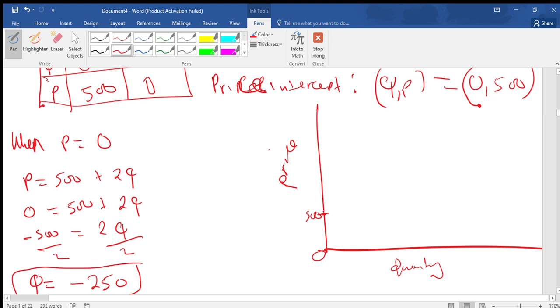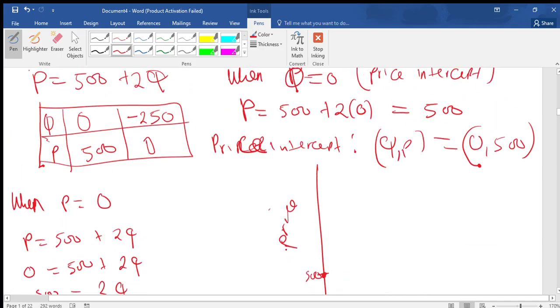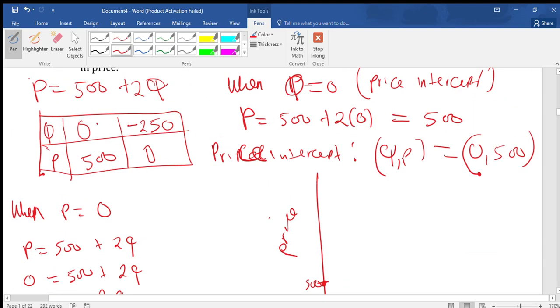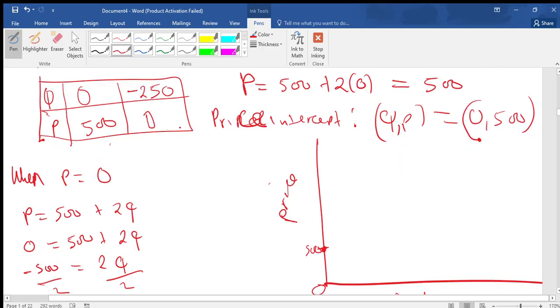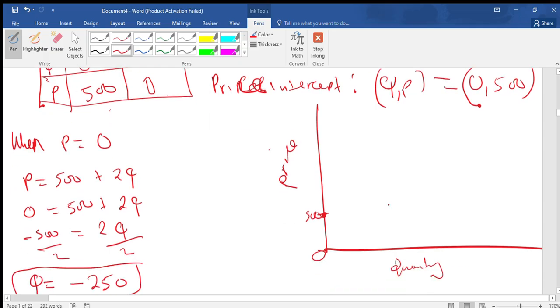So there is a point here where the curve is going to pass through, from the coordinates 0, 500. Negative 250, 0 means negative 250 on the quantity axis, obviously on the negative side. So maybe negative 250 is somewhere there, at this particular point.